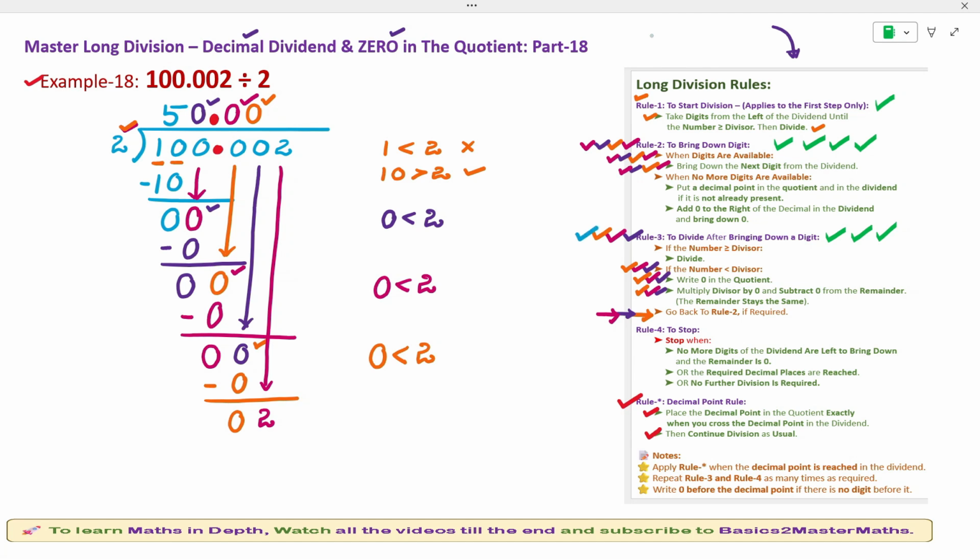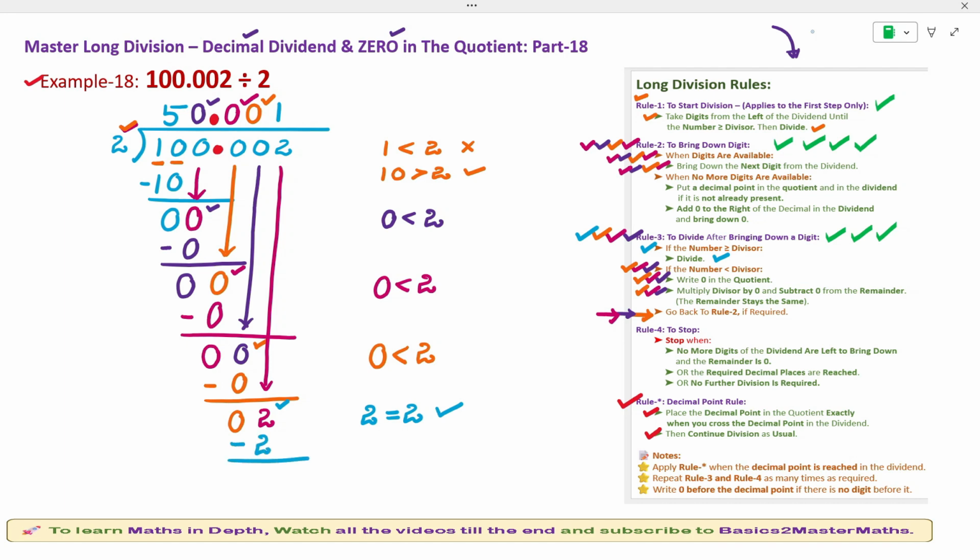Let us apply rule 3. Observe, now the number becomes 2, which is equal to the divisor 2. As per rule 3, if the number is greater than or equal to the divisor, then divide. 2 ones are 2.